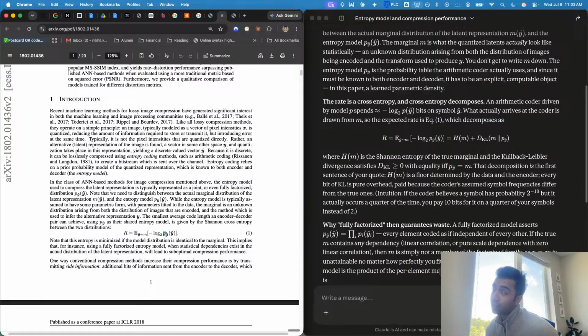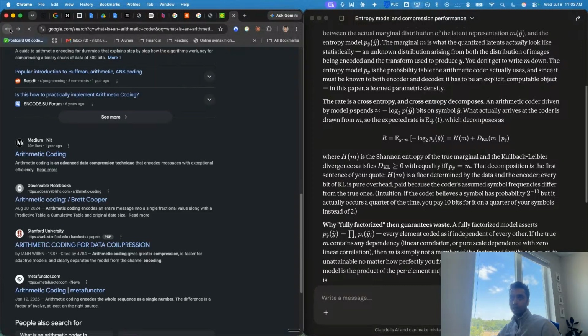And okay, so why would you need to spend more bits in order to do that? You would have to spend more bits because if you don't use a fully factorized entropy model in your frequency table, it has to include other stuff.